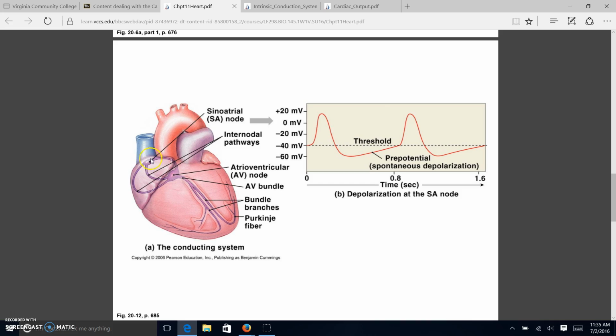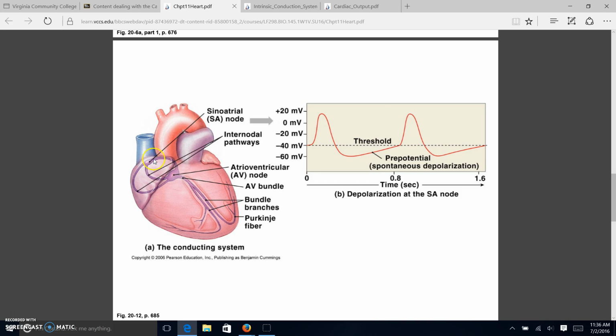All right, the signal starts in the cells in here by a process called spontaneous depolarization, which we will talk about in a couple of minutes. But the signal is initiated here. It runs down through these pathways called internodal pathways, which also run across through the interatrial septum that separates this atrium from that atrium.